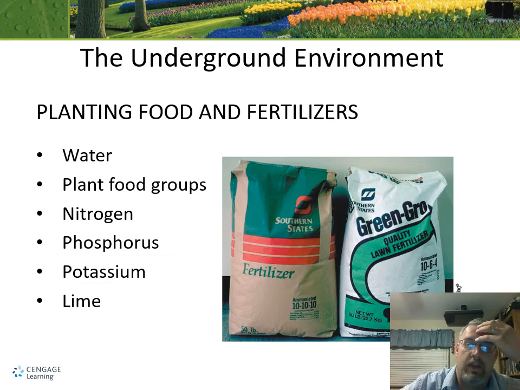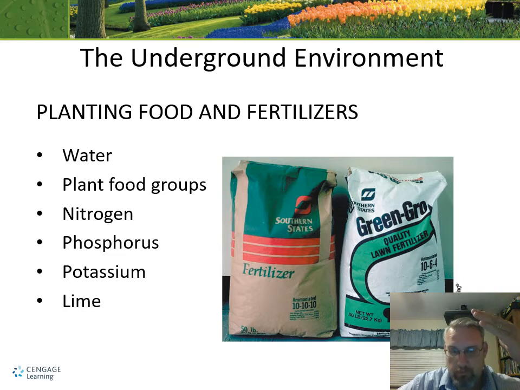So anytime you see, and as you see on these two bags, there's a 10, 10, 10, or on the other bag it's 10, 6, 4. That would be 10% nitrogen, 10% phosphorus, and then 10% potassium. And on the other bag, you're talking about 10% nitrogen, 6% phosphorus, and 4% potassium. So that's how you know how much is in each bag.